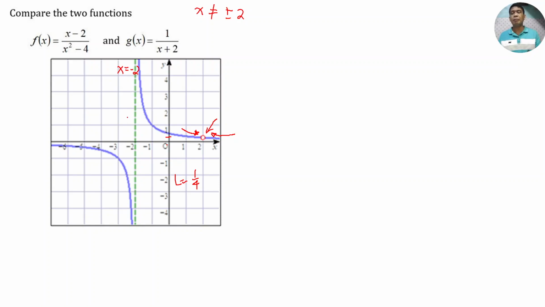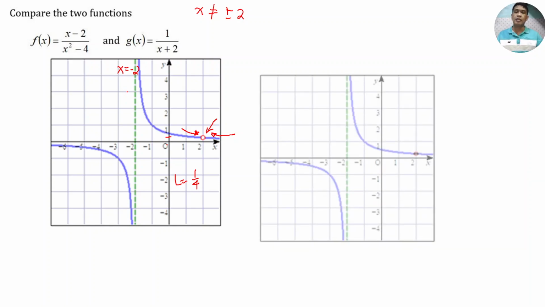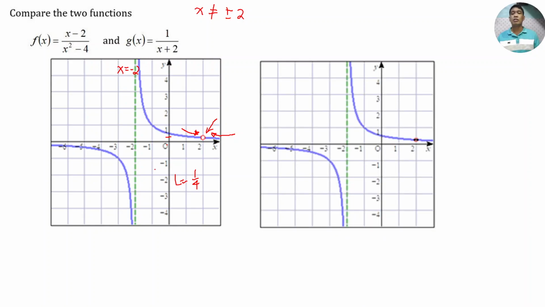So let us try naman to investigate this g of x is equal to 1 over x plus 2. So here's its graph. Again, for this function 1 over x plus 2, ang domain nito, x must not be equal to negative 2. So that's why, as you can see, etong dash line natin na color green, it represents the vertical asymptote.